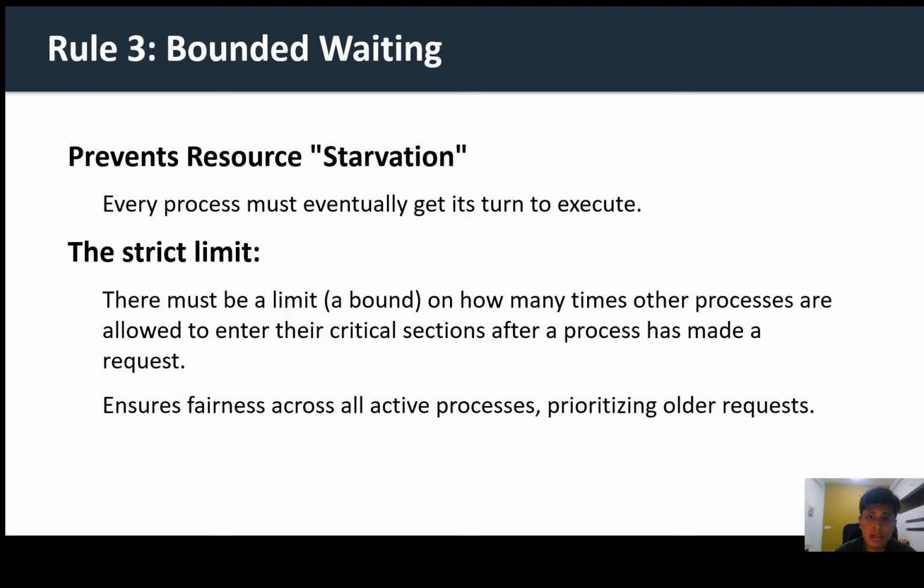If process A is actually waiting for 3 hours, it's kind of starving to execute, right? How many times other processes are allowed to enter in the critical section after a process has made a request? Ensure fairness across all active processes, prioritizing older requests.